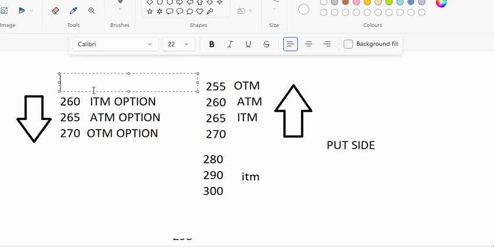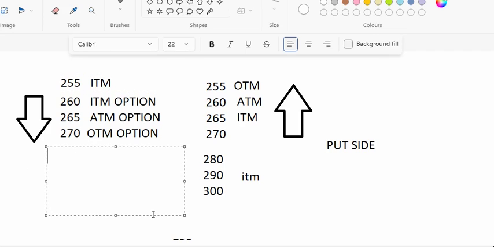So let's say 265, 255, or whatever is already in the money. They already passed this option, is in the money option. But what is still need to acquire? 270 plus. Whatever 270 plus will be OTM option. Right? I hope you're getting this simple logic, right?